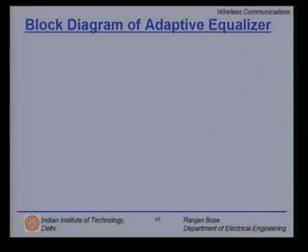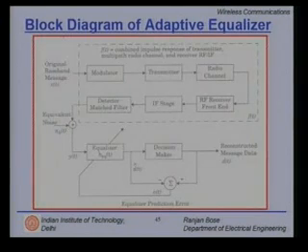Now, what is the block diagram for a generic adaptive equalizer? We saw last time that the original baseband signal x(t) goes through a modulator, then through a transmitter, and finally through the radio channel, wherein there is distortion, noise, and also fading effects.